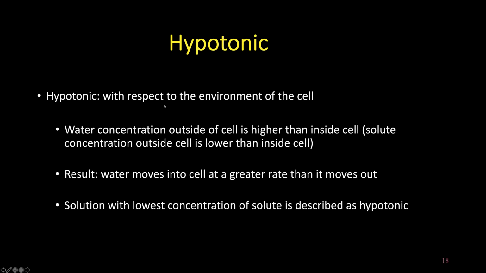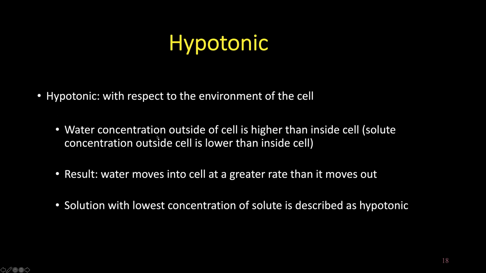So hypotonic with respect to the environment of the cell, and this is important whenever you're talking about hypotonic or hypertonic, it's with respect to the environment, either the environment of the cell or the environment in which the cell finds itself.